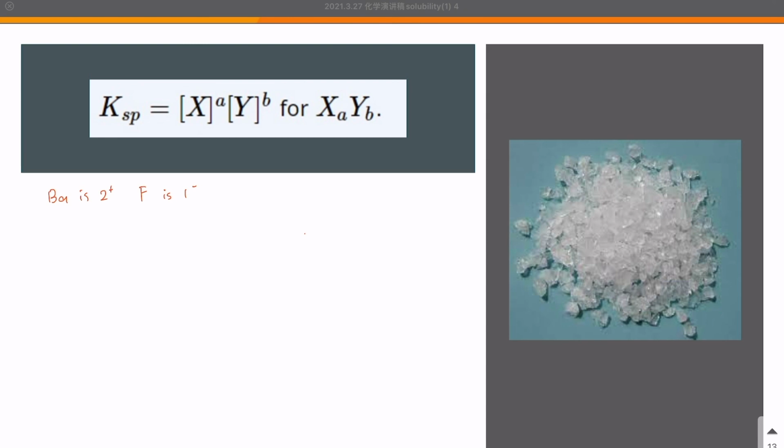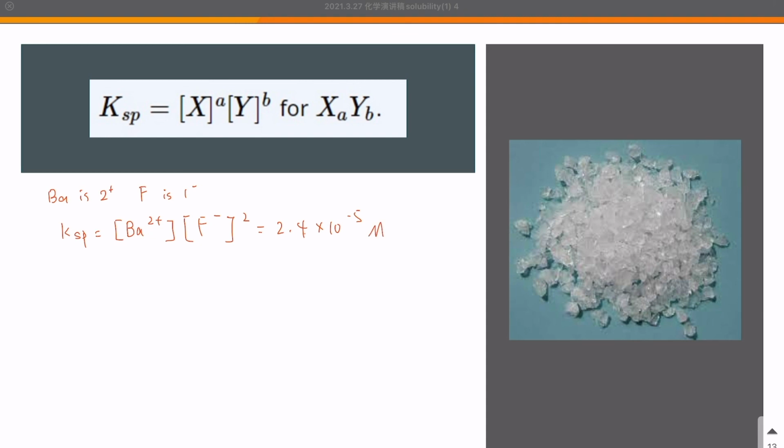So according to the Ksp definition, we can write Ksp equals Ba2+ times F- squared equals 2.4 times 10 to the negative 5.